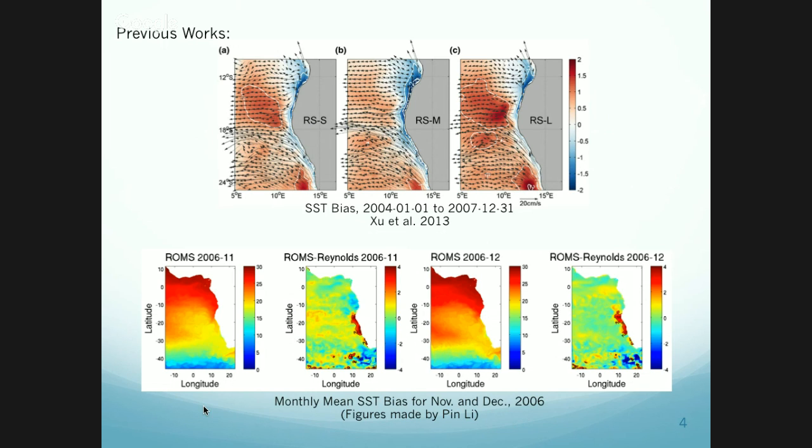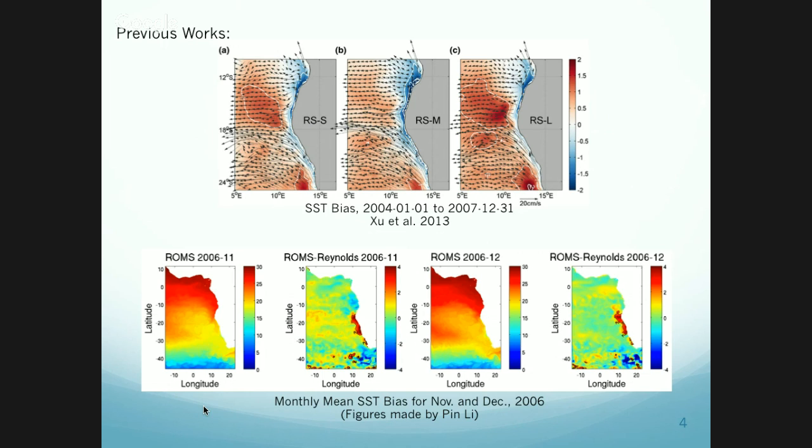Okay, anyway, this is his previous work, and the bottom panel I showed here is what I did last semester. I just took two snapshots: the monthly average for November 2006, and the monthly average for December 2006. I'll talk about the model setting for this run a little later.